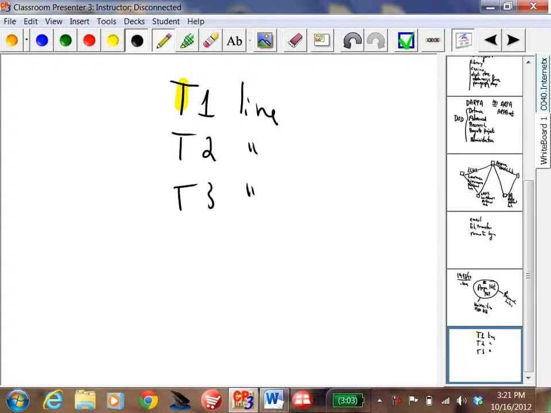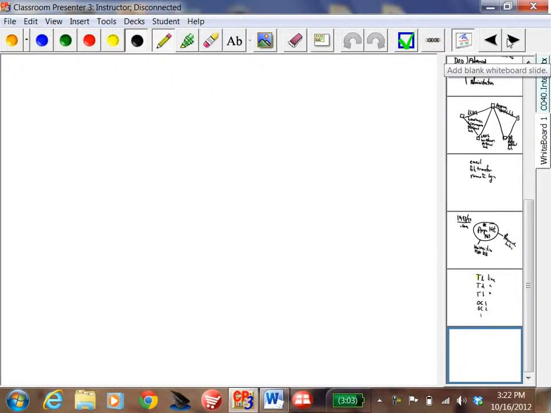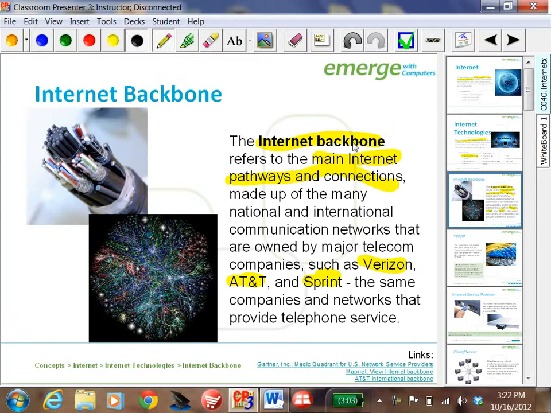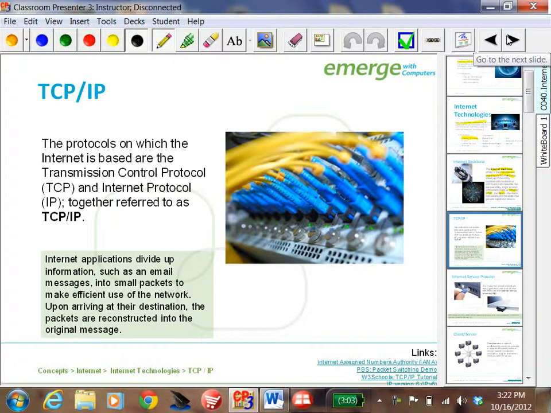And now they talk about the OC levels. Okay, OC1, OC2. Okay, but today the backbone of the internet is extremely fast. Okay, and it varies, okay, from place to place.